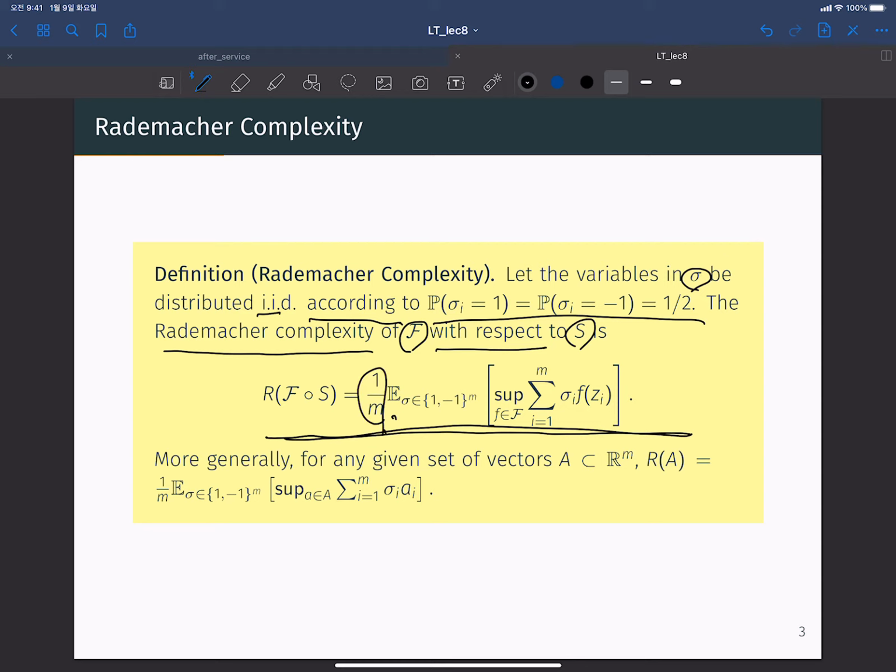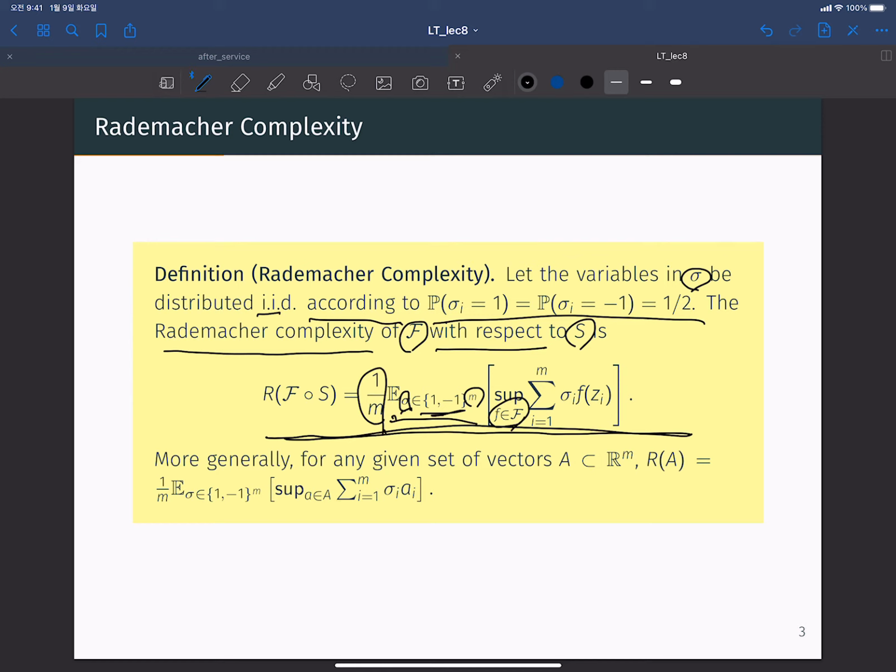So this is 1 over m times the expectation with respect to the random sigma that belongs to the m-dimensional {-1, 1} vector, and each element is randomly sampled independently with a one-half coin-tossing distribution. So value 1 with probability 1 over 2, value -1 with probability 1 over 2. And with this random variable, for each random variable, we find the extreme case.